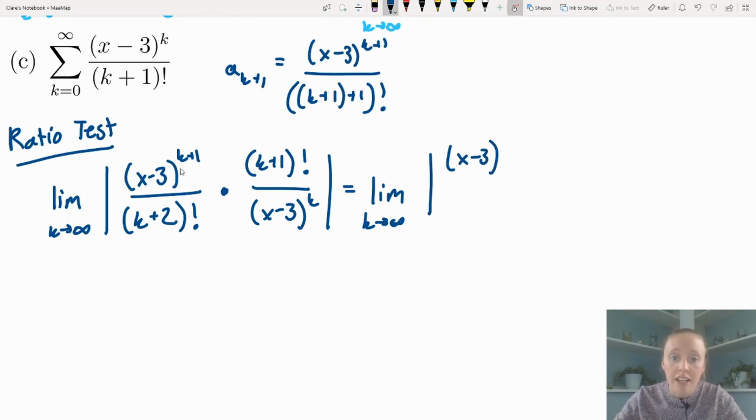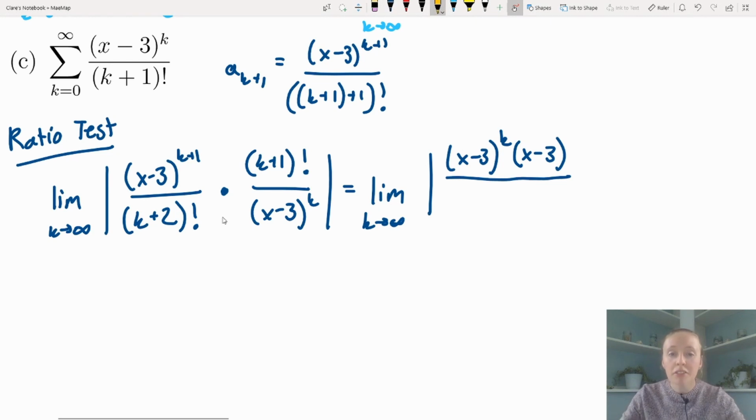I'm going to break this exponent apart and do x minus 3 to the k times x minus 3 to the 1, or x minus 3. And that's going to be all over k plus 2 factorial. But I'm going to rewrite k plus 2 factorial because k plus 2 factorial is larger than k plus 1 factorial. I know I'm going to be able to find k plus 1 factorial within that.